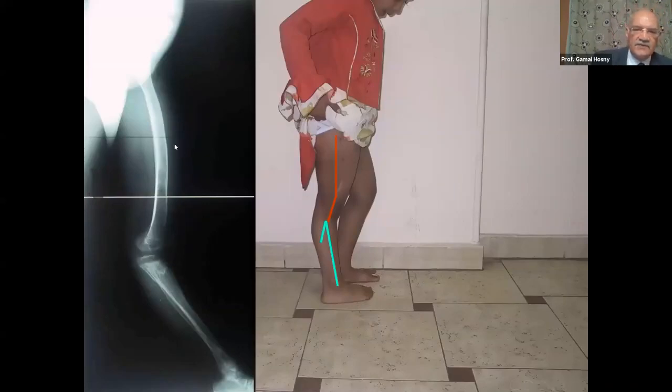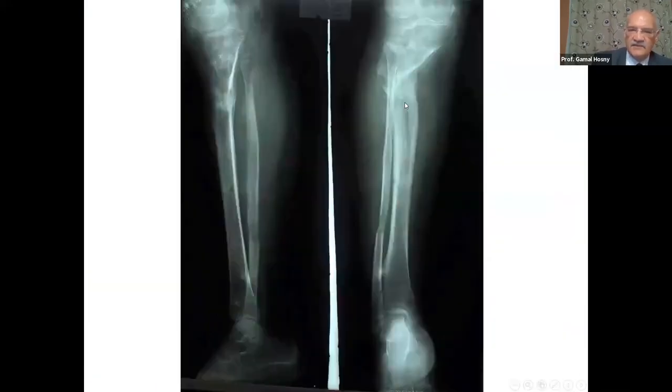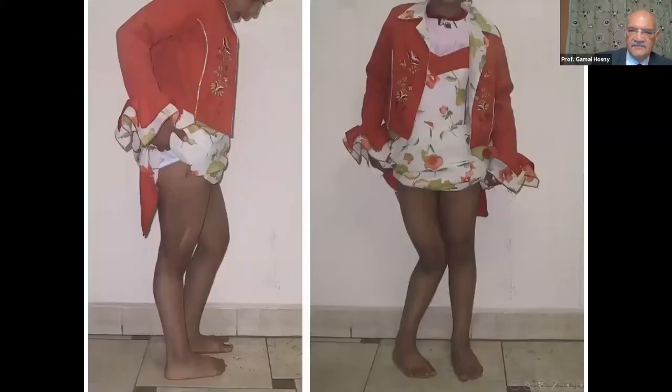So we do our osteotomy here. But this is where the deformity lies. So we should have a displacement to correct the mechanical axis. With this type of displacement, you can correct the mechanical axis.